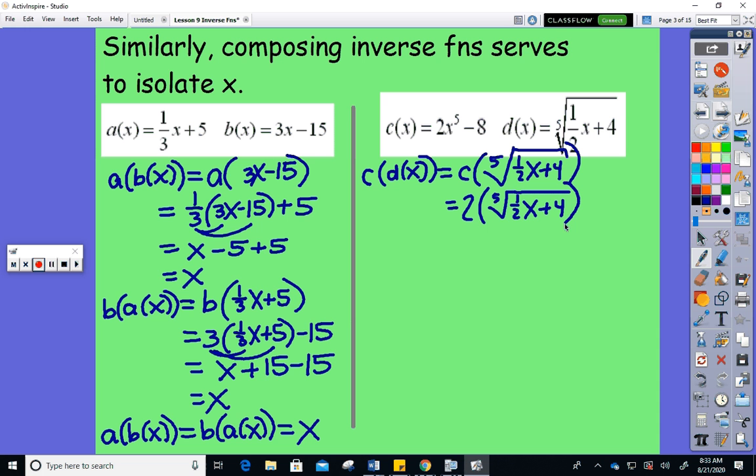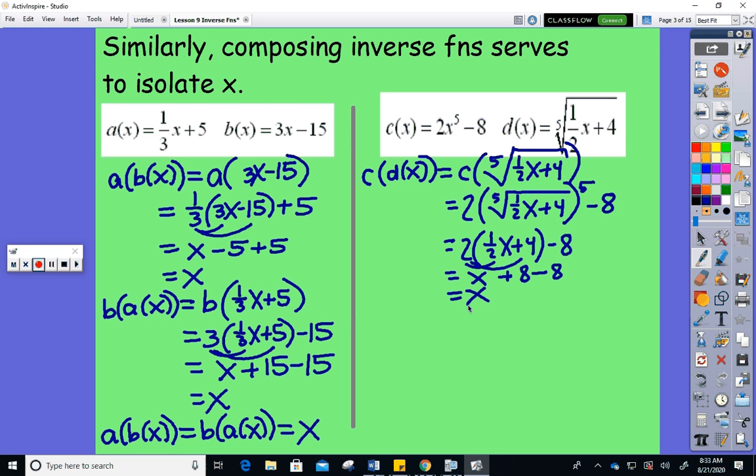I'm supposed to take that input value to the 5th power and then subtract 8. Well, I know if I take a 5th root to the 5th power, then I simply am left with what's under the radical. Now when I distribute, I get x plus 8 minus 8. And again, I'm getting x, and it felt effortless.